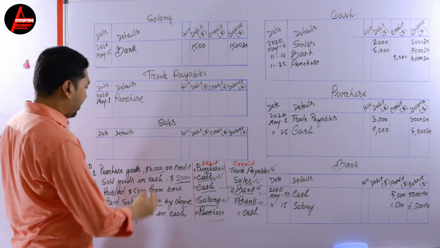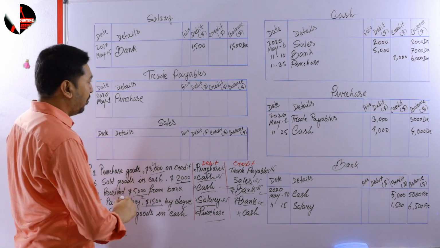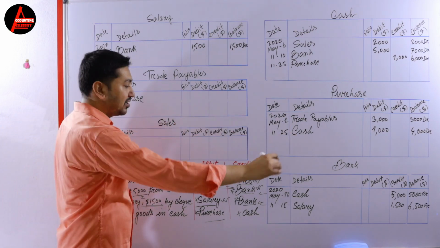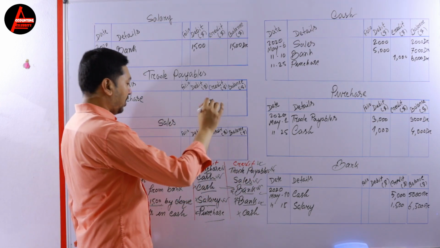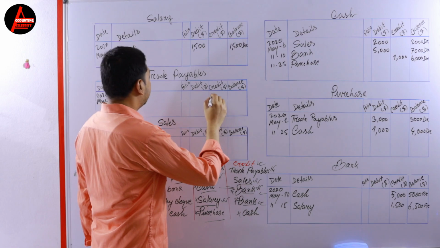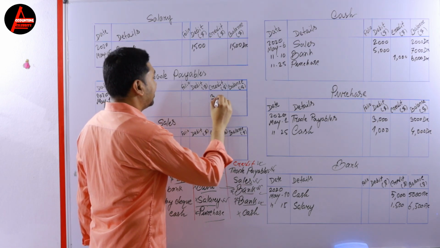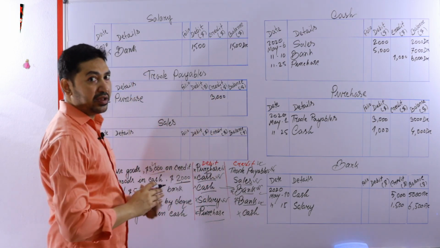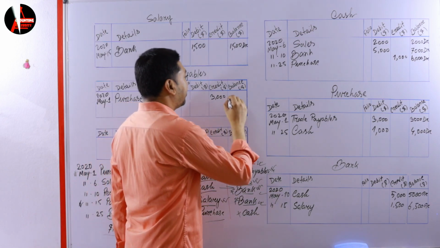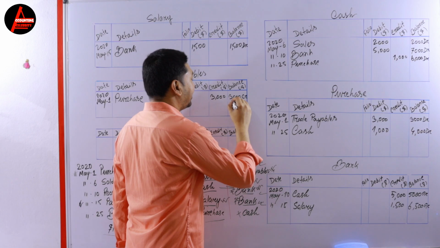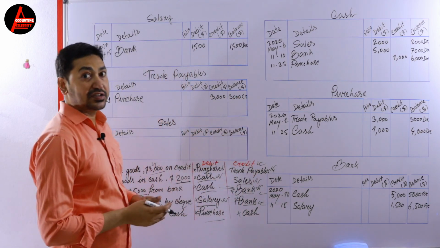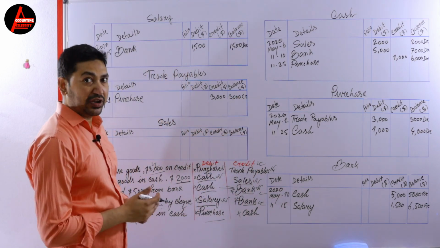What is the value? Value is $3,000. We have to write it on the credit side because trade payable is credit. Now what is your balance? Your balance will be $3,000 CR. CR means credit.